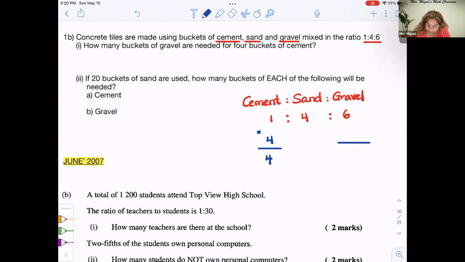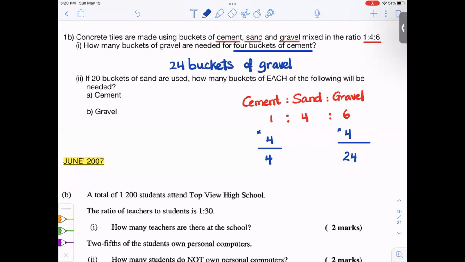So I need to multiply the number of gravel by 4. How much is that? 24. So therefore, for 4 buckets of cement, I need 24 buckets of gravel. Do you all understand that?